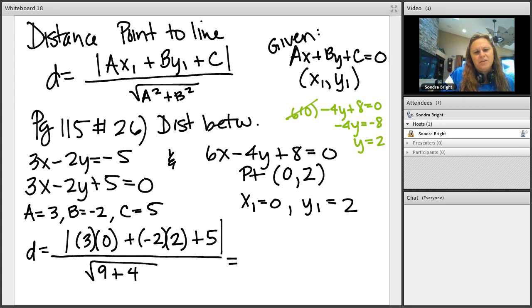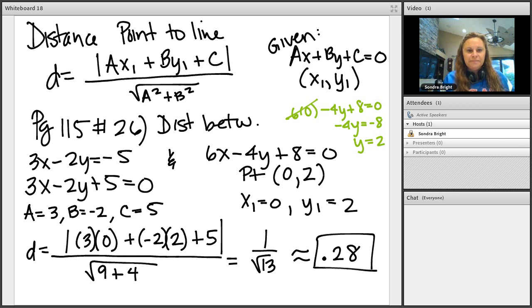And so that ends up giving you what? 0 plus negative 4 plus 5, so 1 over root 13. And then it said to round to the nearest hundredth, and so 0.28 is the distance between these two lines.